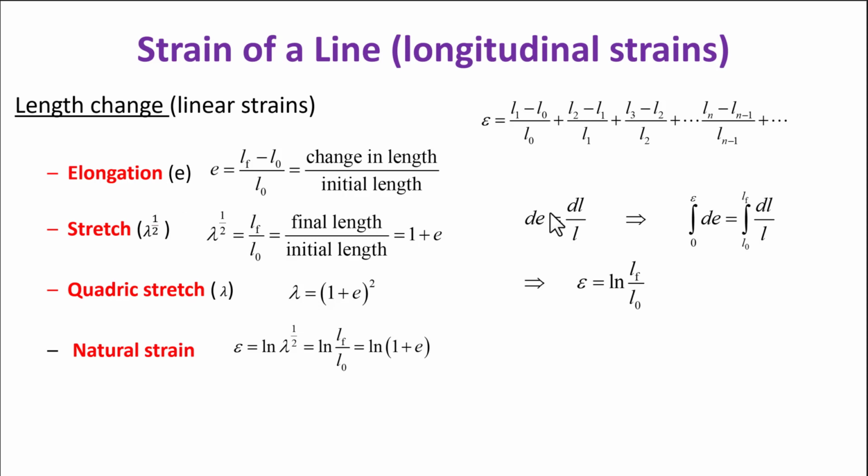In fact, we can consider the process as continuous. So the incremental strain can be infinitesimally small. So there is an infinitesimal change in the length divided by the length at that time. That gives the infinitesimal increment of the strain.